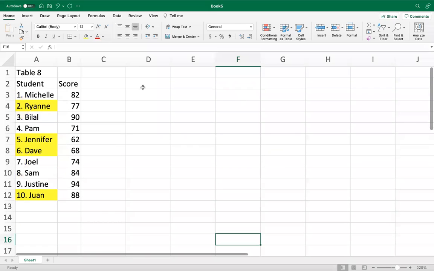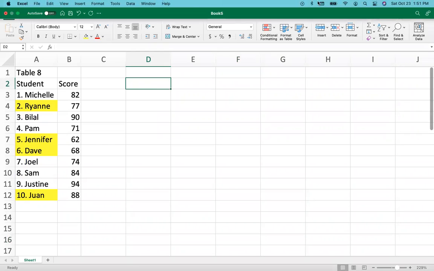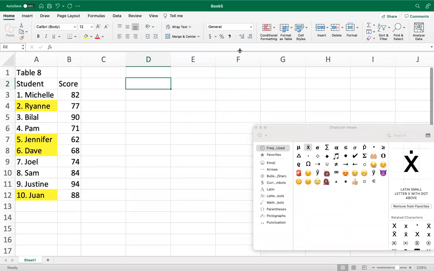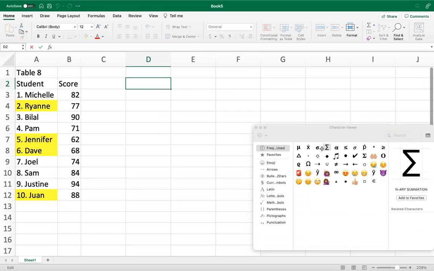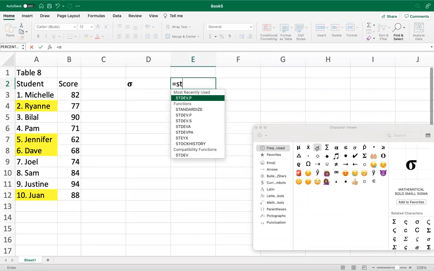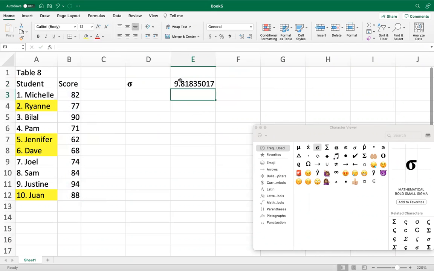And now starting from the beginning, we could say that our population standard deviation is equal to the standard deviation of the population because we're looking at the entire population. We get the scores of the population. And there we go. That's our population standard deviation.